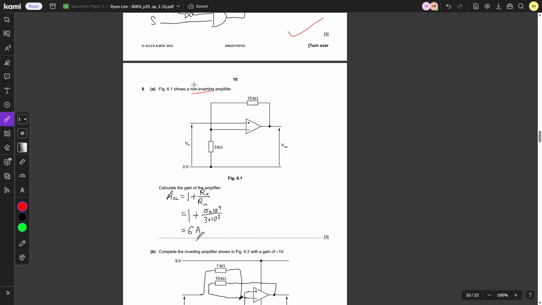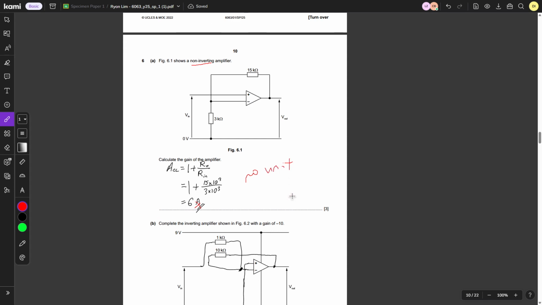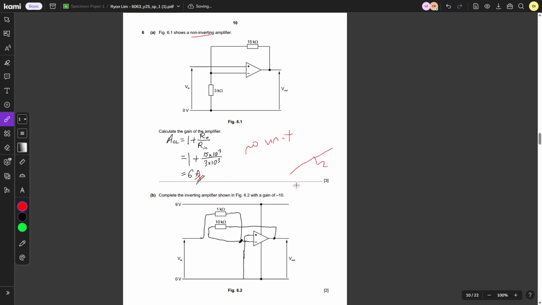If you don't know what anything of this is, you can watch my video on amplifiers. But there's no unit, I think. There's no unit for gain. So do I want to minus his mark? Yes. You get 2 marks instead of 3.